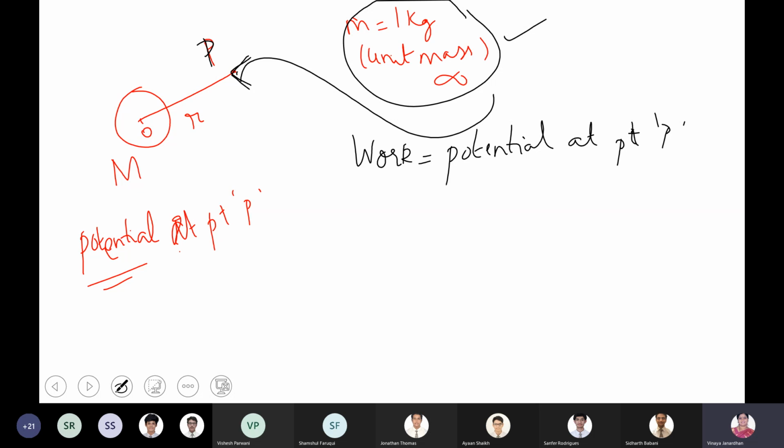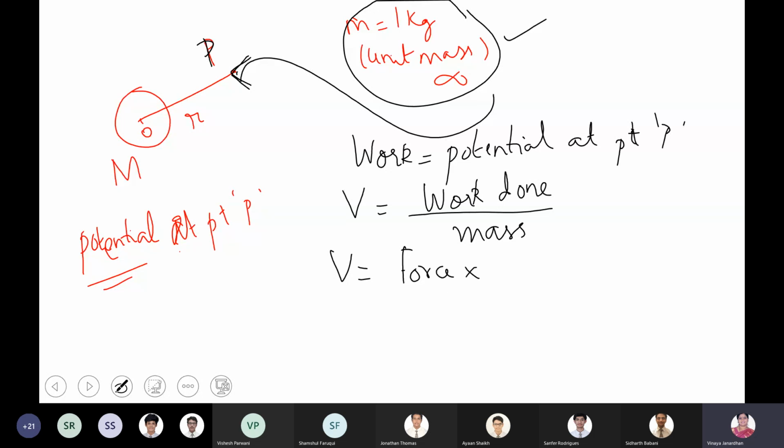Is that clear, boys? So how will I write V? The gravitational potential will be the work done in bringing a unit mass from infinity to this point. So what is work done? Force into distance, divided by mass.